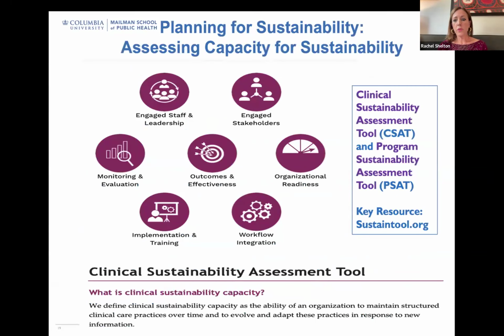There are other great tools as well. I highly, highly recommend sustaintool.org. It's a website and resources developed by Doug Luke and colleagues at Washington University. They've created great resources both as a measure to assess capacity for sustainability, and also a planning tool. There's a clinical version, the Clinical Sustainability Assessment Tool.